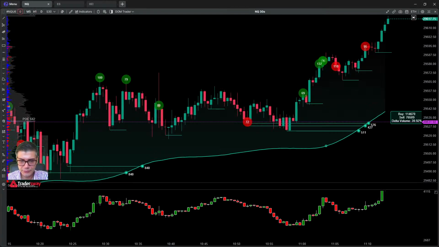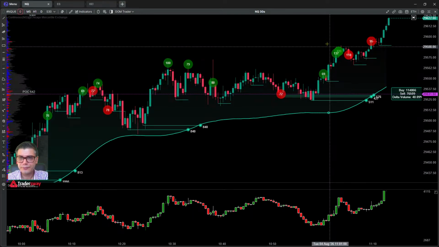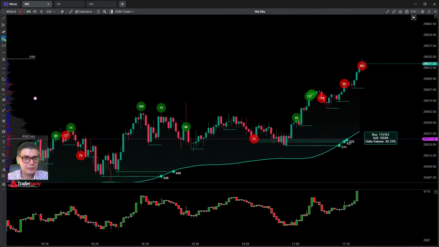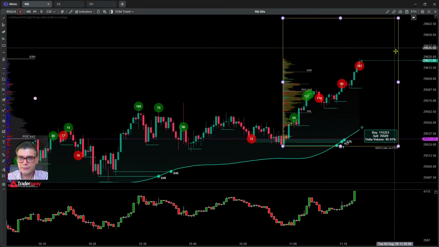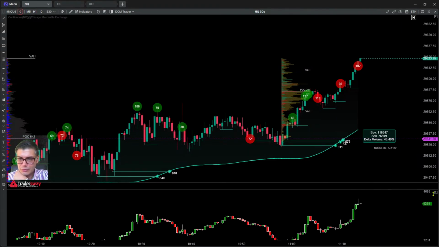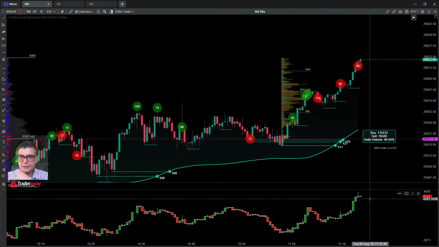There's nothing here to see. I want to set one volume profile from here. 102 sell contracts, again absorbed. There's no divergence between the price and delta.